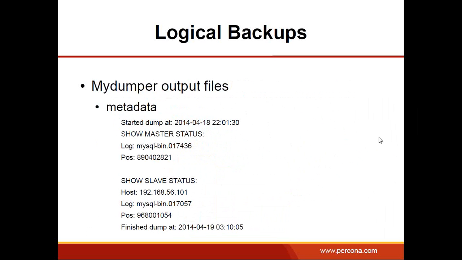The output of Mydumper, as I told you, is files, one file per table. And you will see here one of the most important files that you need to check to validate that your backup is okay. It's one of the tests that you need. It's the metadata file.